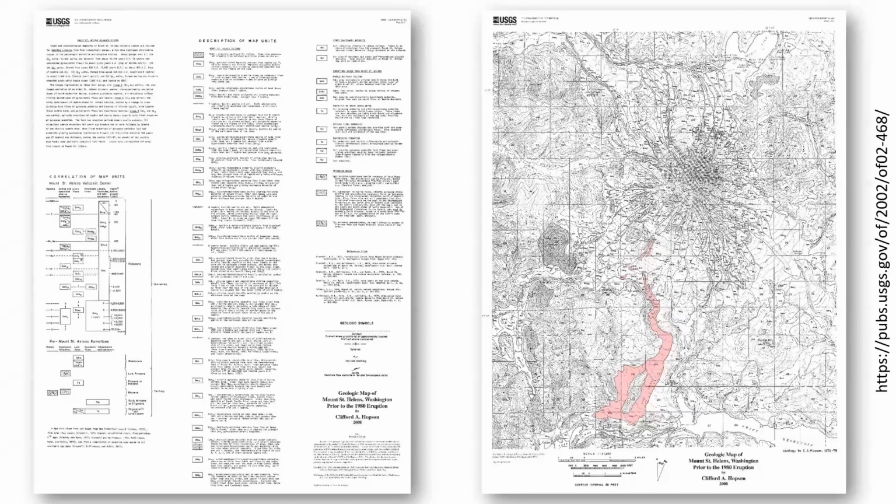The page on the left is the legend explaining what all those different marks are, and what all these different numbers represent are different lava flows that they've mapped on the mountain. And the one that we are most interested in particular is, I highlighted it all in red.